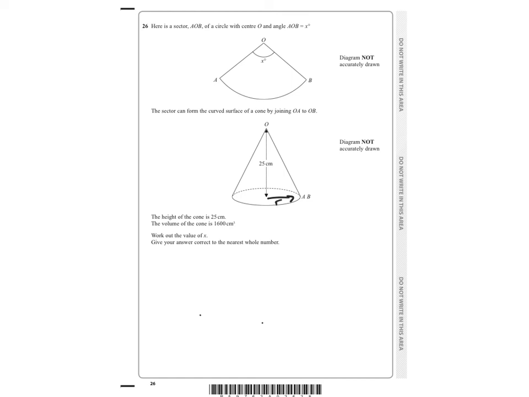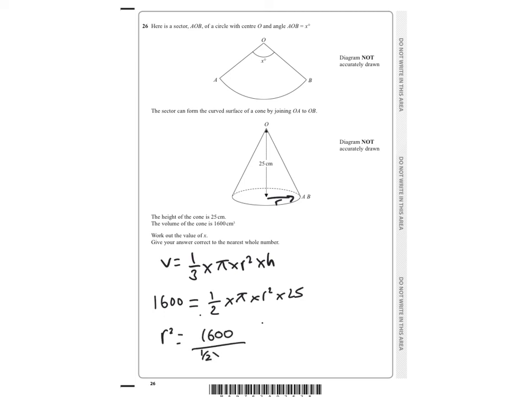The volume is given to us in the front, and the volume is 1/3 times pi times r squared times the height. So 1,600 equals 1/3 times pi times r squared times 25. So I could rearrange that: r squared equals 1,600 divided by 1/3 times pi times 25. So r is the root of all of that.